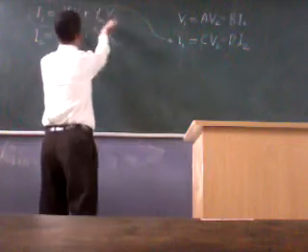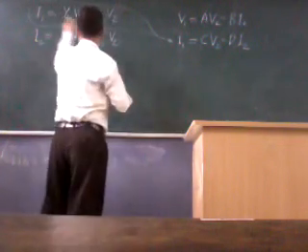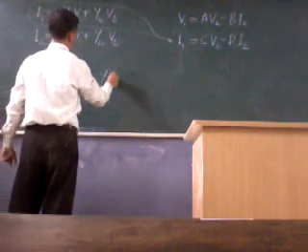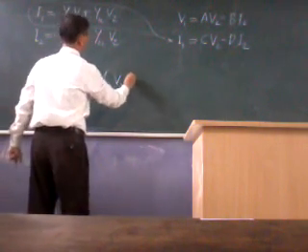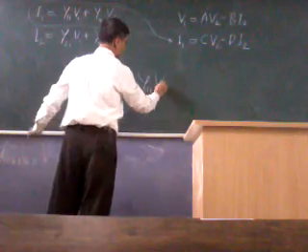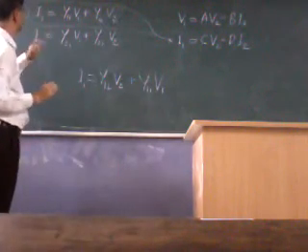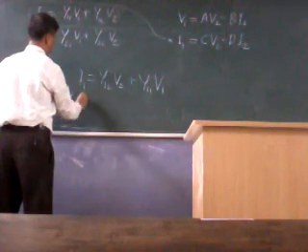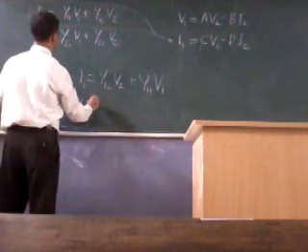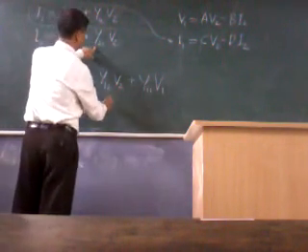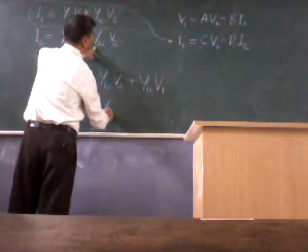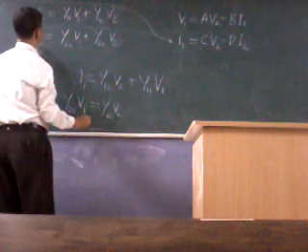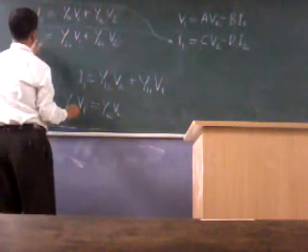So just replace like this and we get V1. So first we can write I1 is equal to Y12 V2 plus Y11 V1, but not complete. And now second we can write Y22 V2 minus I2 is equal to Y21 V1.